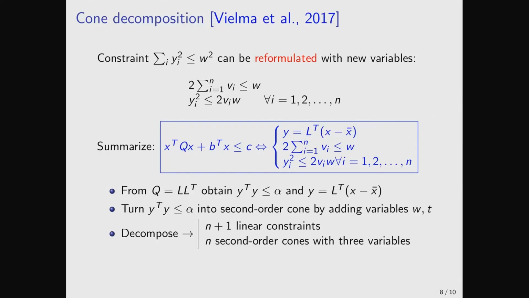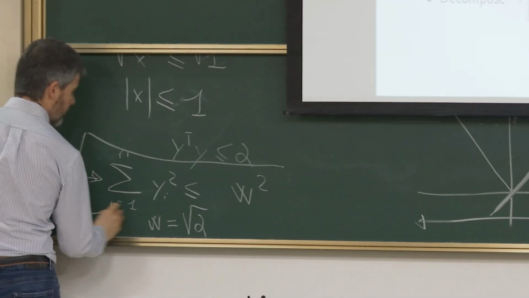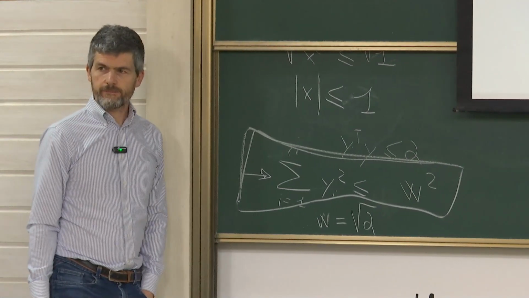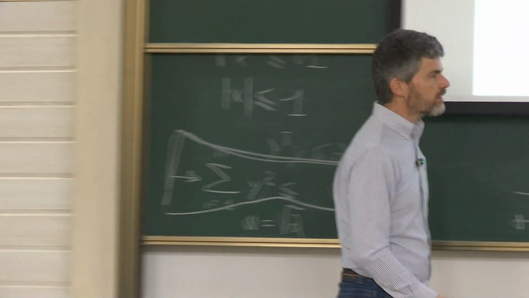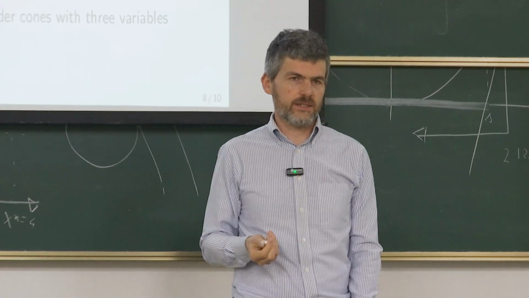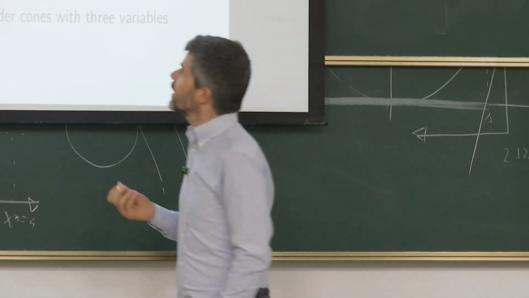Now the complicated part comes. Once you have this cone, there's a very nice construction, and this all may look a bit exotic because we really changed a lot in the original quadratic constraint, but this works in practice. And what works is the following.